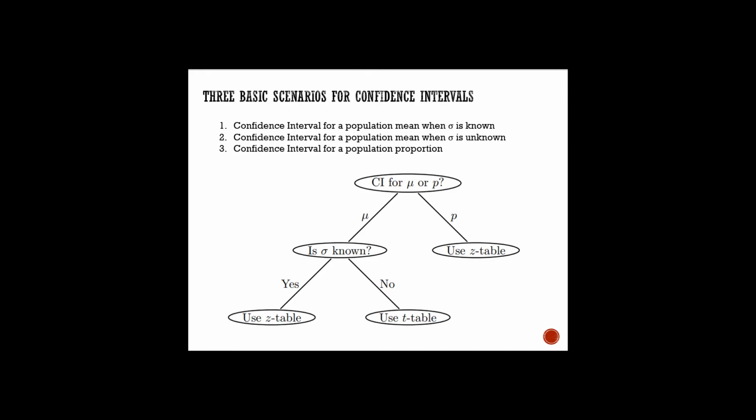You'll always use the z-table for it. If it is for the mean, though, you have to know if you are given the population standard deviation or not. If you're given the population standard deviation, then you use the z-table. But if not, you're going to use a new table, something called the t-table. And we'll go into some examples of that in just a minute.